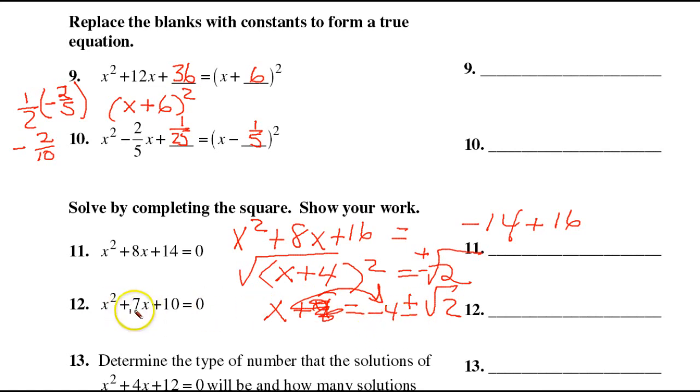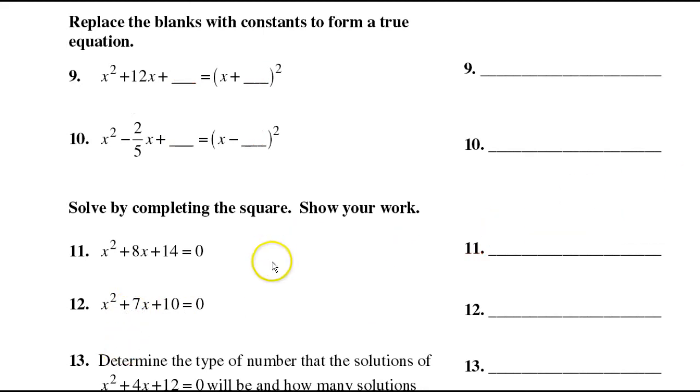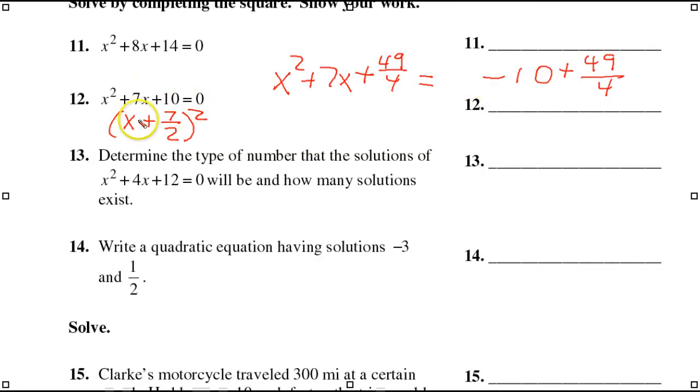This one would be a little more tedious, but half of that would be just this. Let's do it anyway. So once again, half of our b term is just 7 divided by 2. We're going to bring our 10 over to the other side as a negative 10.